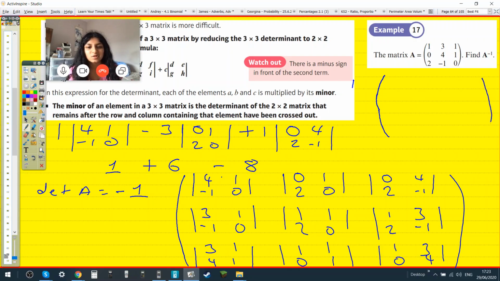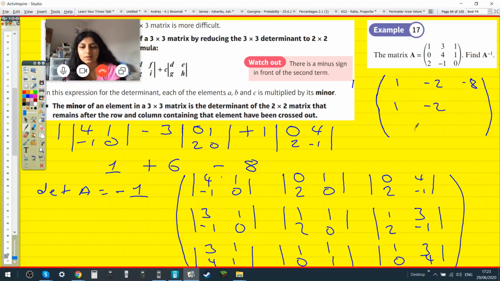So the first one is just 1. -2. -8. 1 again. -2. 7. Is it -7?